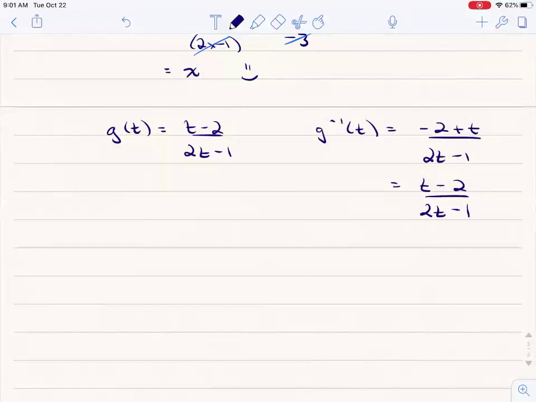They're the same function. One undoes the other, which is weird.